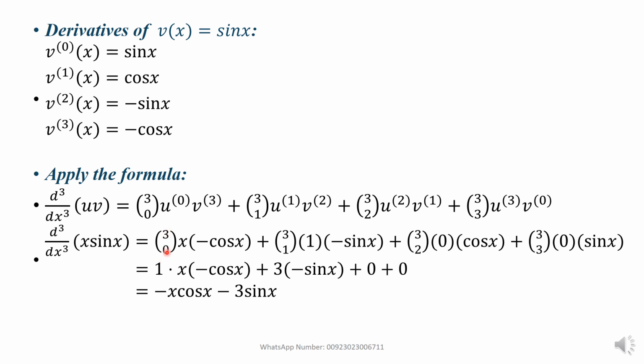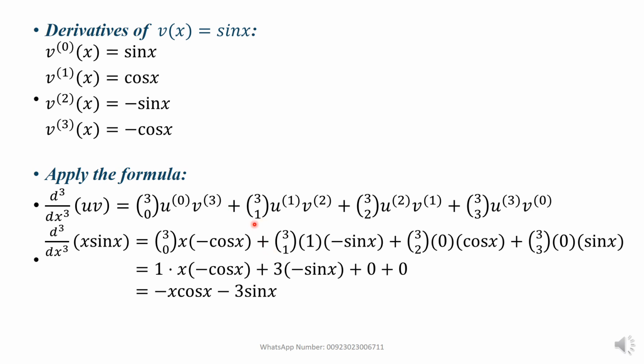After the simplification you get 1. u power 0, what do we get? x. v power 3 is minus cos x. You can see here v power 3, minus cos x, you write here. Plus sign according to the formula.